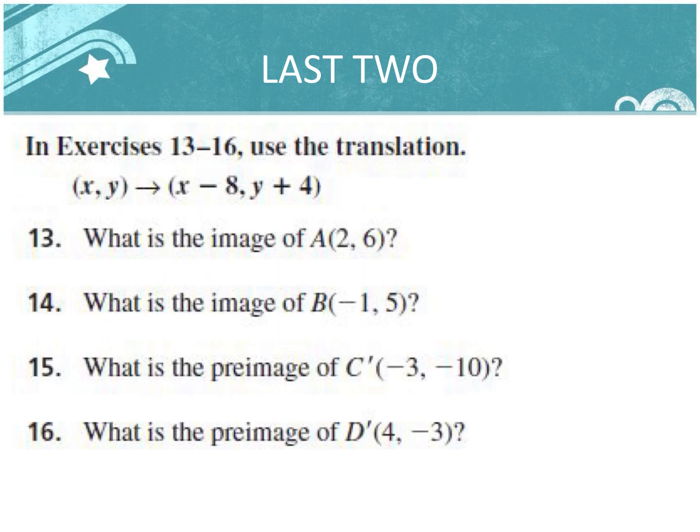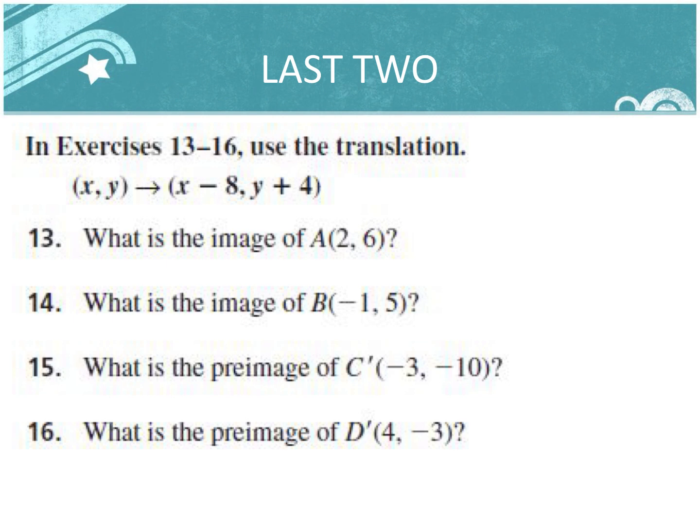Okay, for this last one, we're going to do the exercises to figure out what's happening. So they're telling us that in exercises 13 through 16, we've got to use the translation x minus 8 and y plus 4. So what is the image of A if it's 2, 6?